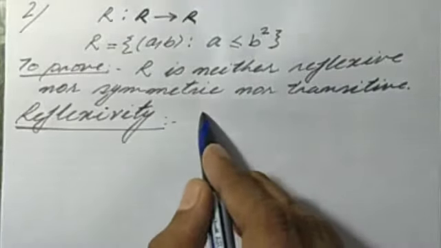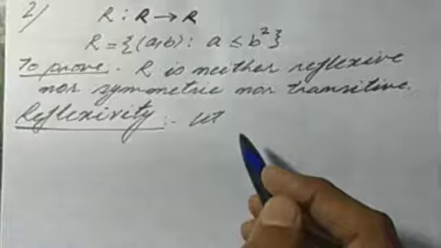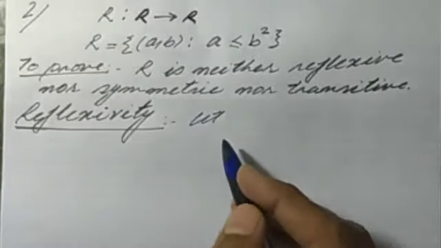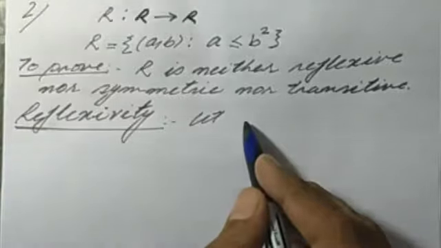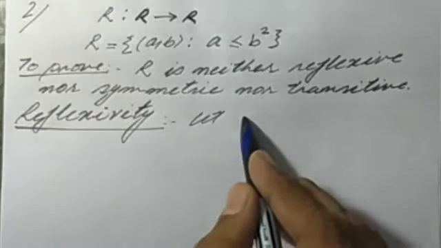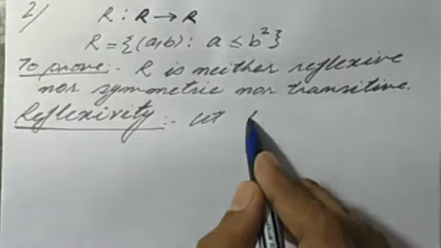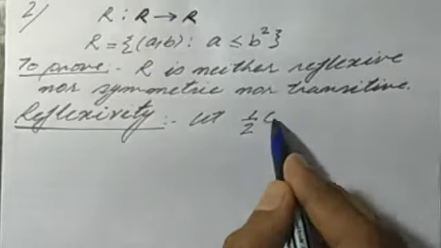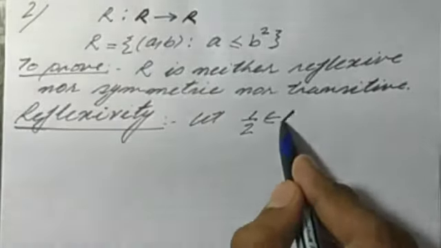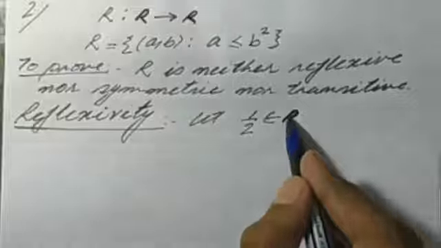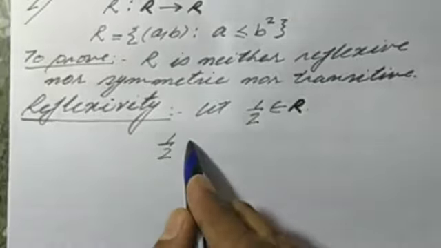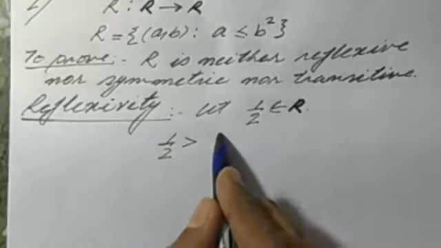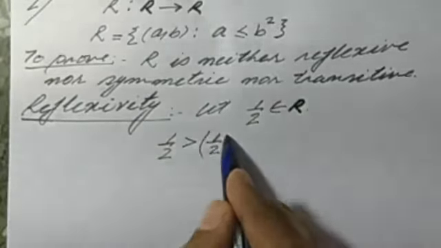Now we may consider any number between 0 and 1, say 1 upon 2, 1 upon 3, 1 upon 4, any number we may take. So let us take 1 upon 2, which is obviously a real number. It belongs to the set of real numbers, but half is greater than half square.